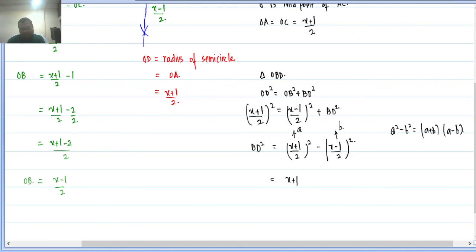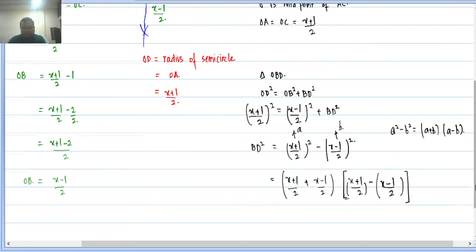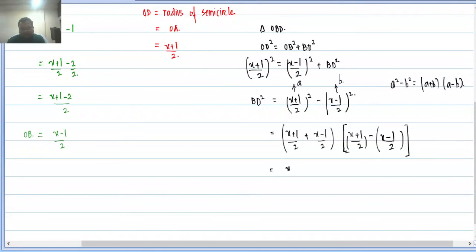So this is x plus 1 upon 2 plus x minus 1 upon 2, into x plus 1 upon 2 minus x minus 1 upon 2. So this is x plus 1 plus x minus 1 upon 2 into x plus 1 upon 2.